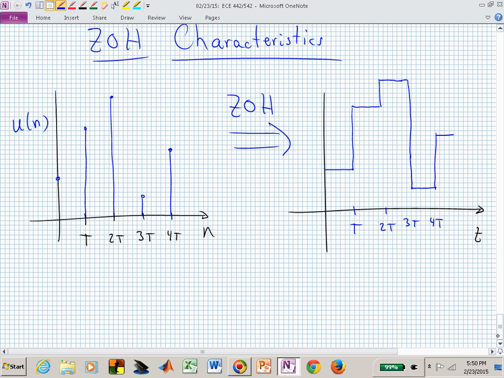We now want to, and this is supposed to be happening at the appropriate instances of time. What we want to do is figure out how we model this behavior.